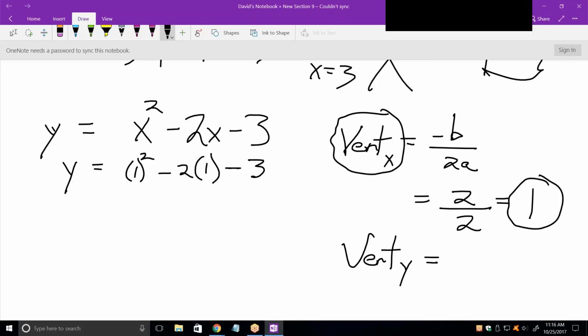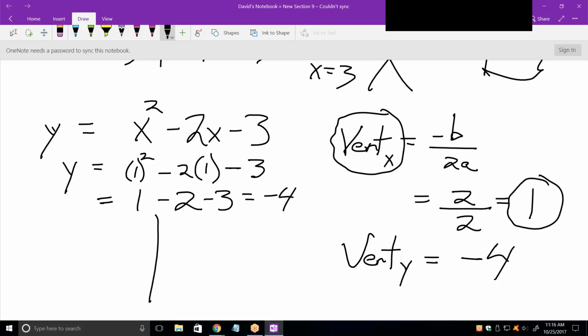So now simplify that. So we get 1 minus 2 minus 3, which is -4. So that's the y-coordinate. That answers part C.